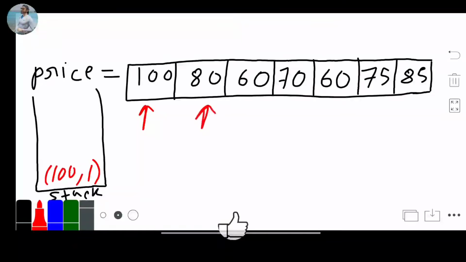Now we move to the next element, that is 80. Is 80 greater than the stack's last price? No, so we simply add 80 as price and 1 as count.